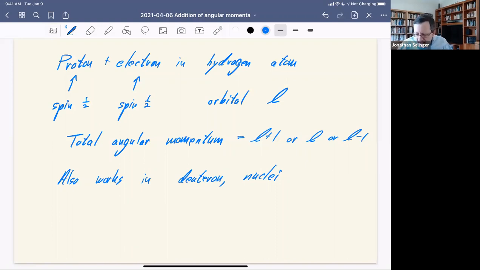Okay, so that is my story about addition of angular momentum. And you can read more details in the textbook also. And for practice, this is included in one homework problem.